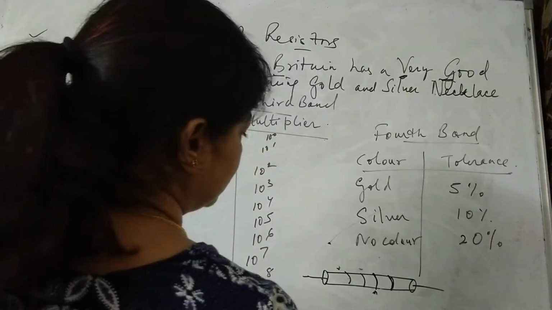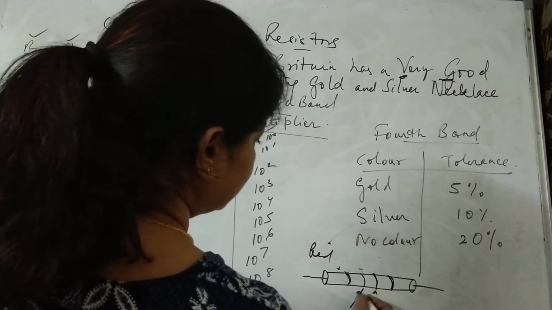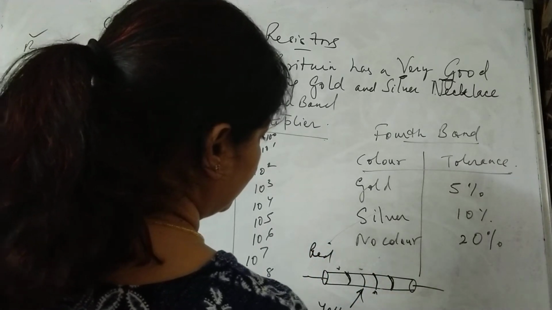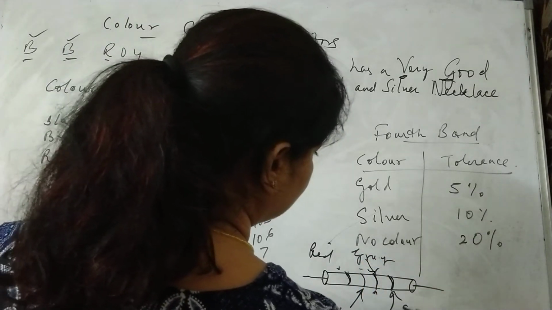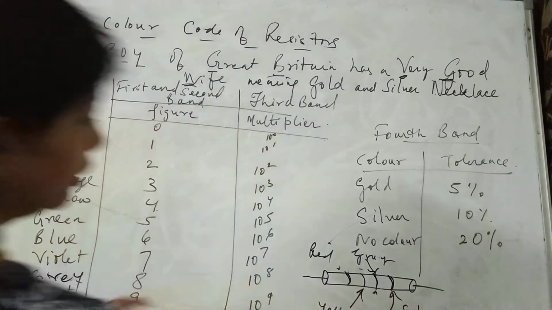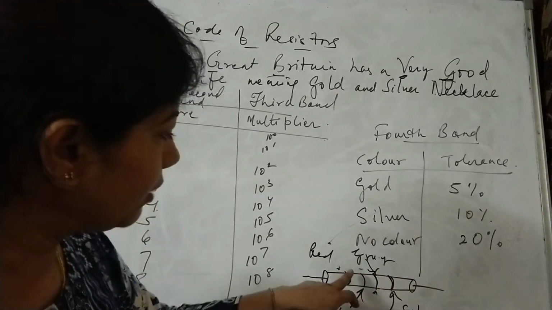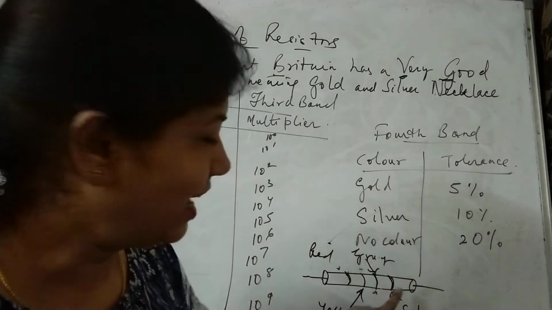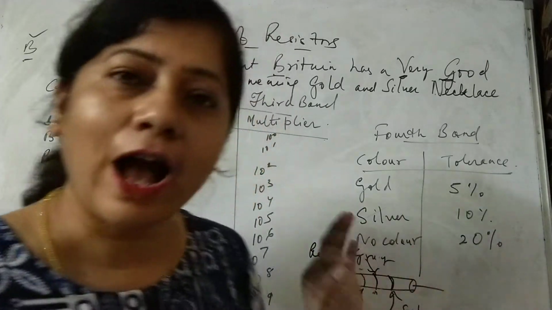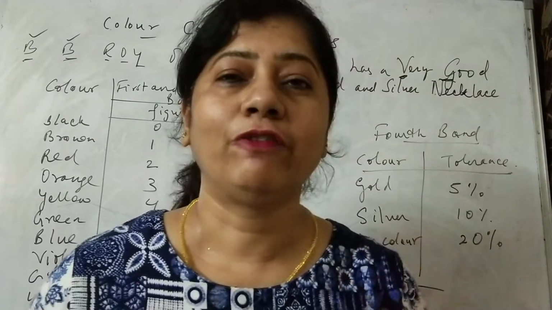The first color is red, the second one is yellow, the third one is grey, and the last one, let us suppose, is silver. So in this resistor you have four bands: red, yellow, grey, and silver. You can see these colors very well, but what you have to do is find out the resistance.